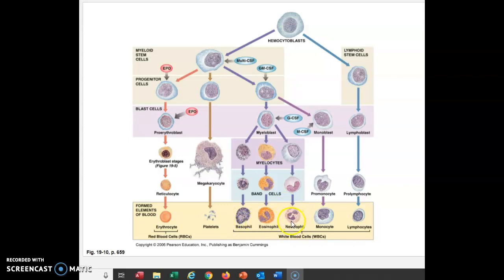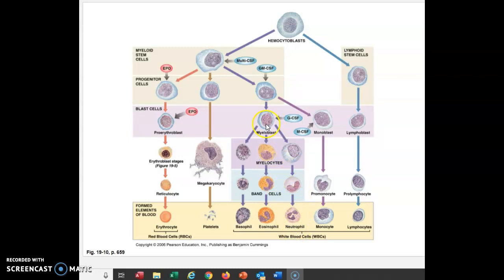Okay, so again, if we followed a neutrophil, and asked what a neutrophil was exposed to become a neutrophil back here at the stem cell level, we would say it's exposed to multi-colony stimulating factor, it's exposed to GM colony stimulating factor, then it is eventually exposed to granulocyte colony stimulating factor, and then in this case it became a neutrophil.